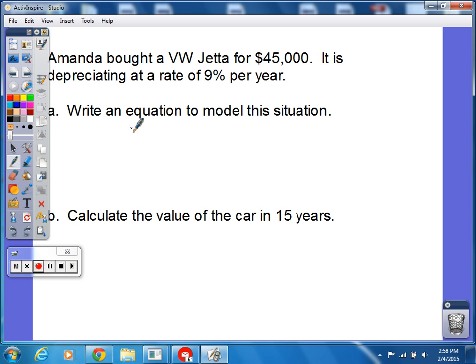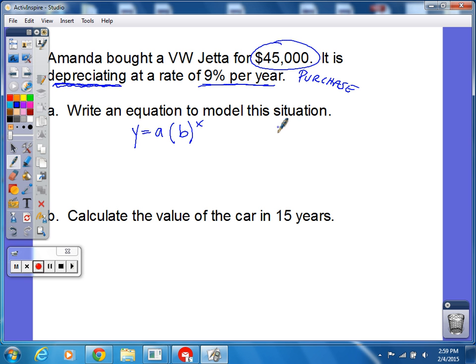So part A here, I'm talking y equals AB to the x. Okay, and I can tell there that my initial value, my purchase price, is $45,000. And it is depreciating, we learned that last time, is decreasing 9% per year.